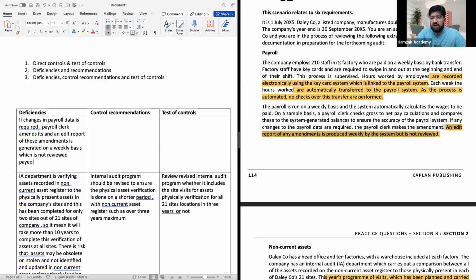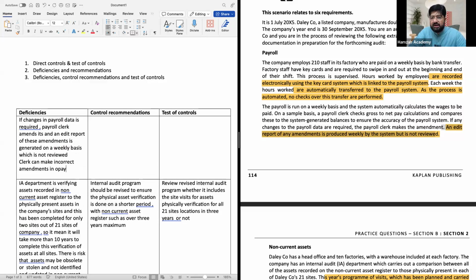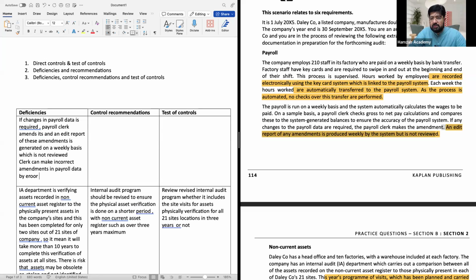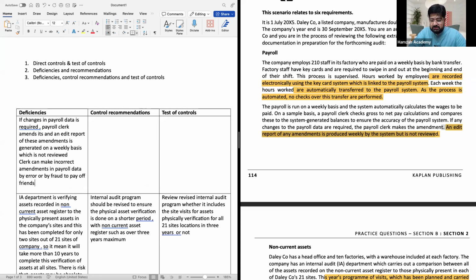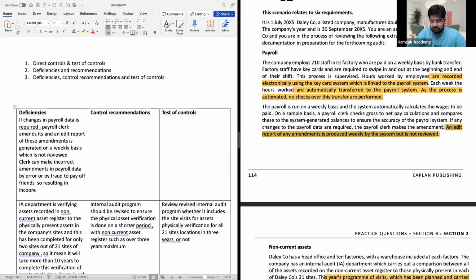So payroll clerk can make incorrect amendments in payroll data by error or by fraud to pay off friends, resulting in incorrect payments which will not be identified.